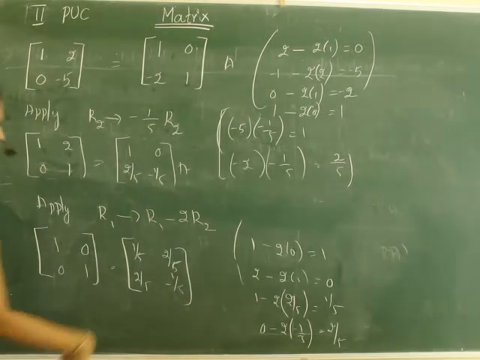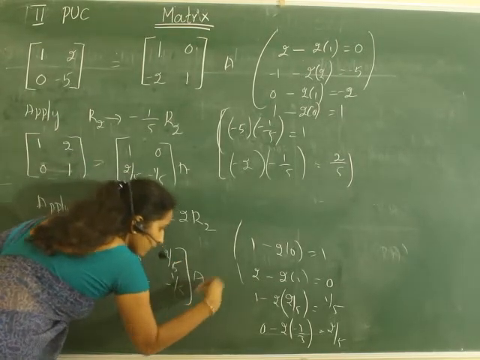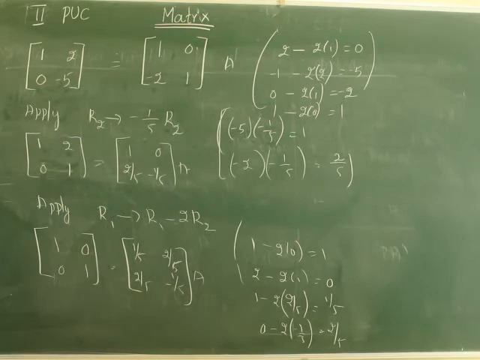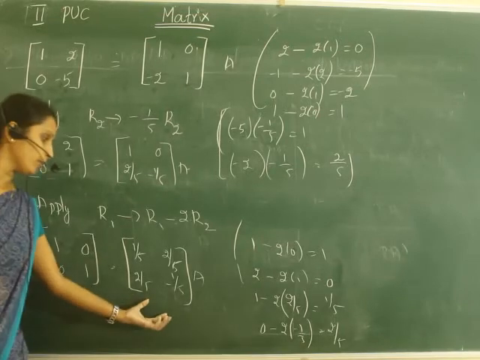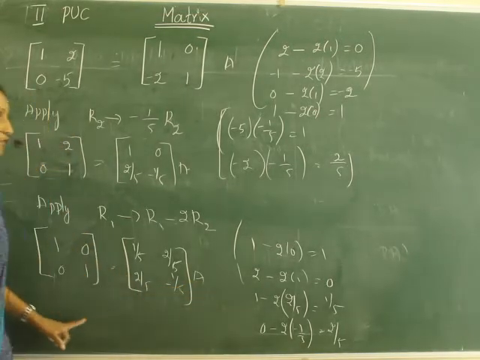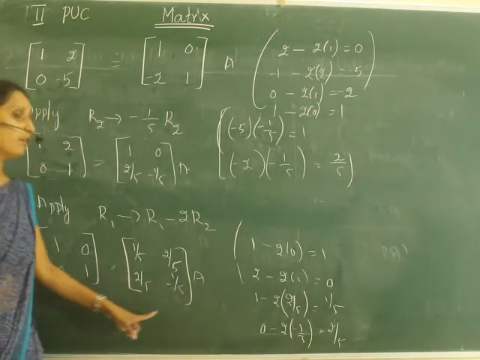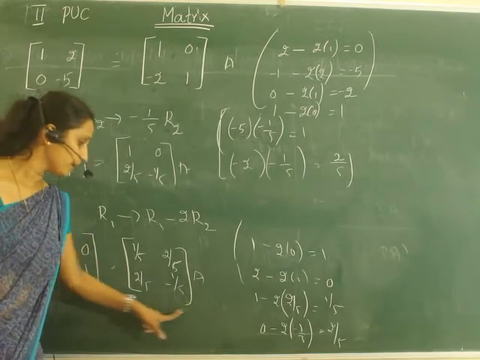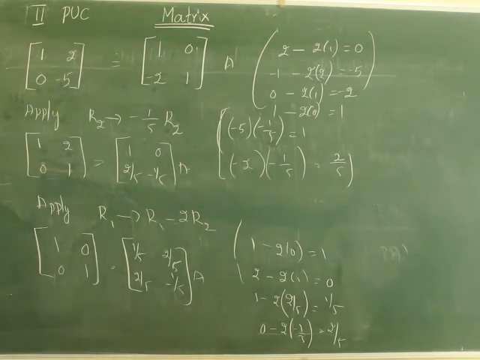2 by 5 into A. So finally we got the identity matrix I is equal to one more matrix into A. Now it is in the form I is equal to B into A. So this B is called the inverse of the given matrix: 1 by 5, 2 by 5, 2 by 5 and minus 1 by 5.